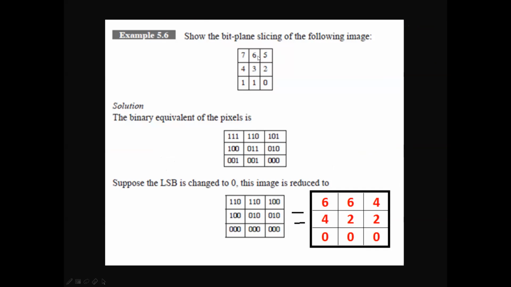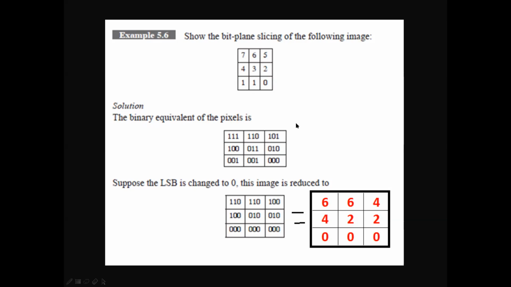Now we will try to represent the equivalent binary image in binary form. That is 111 for 7, 110 for 6, and for 5, 101. So we represented it in binary form. Now we will simply change the LSB, the least significant bit, to 0.